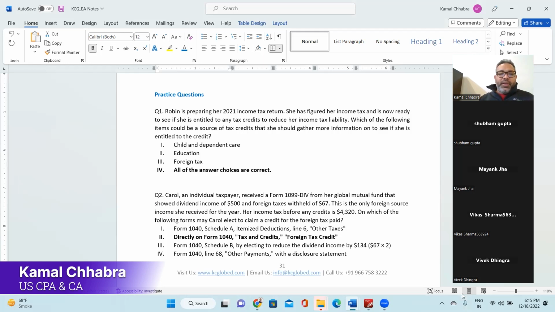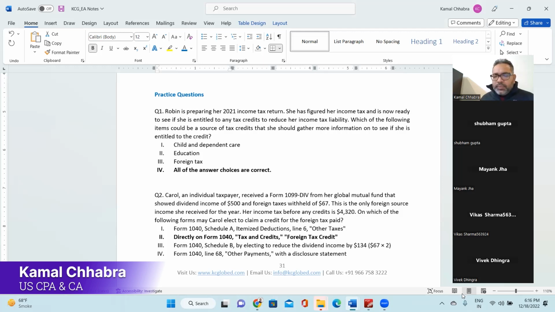Robin is preparing her 2021 income tax return. She has figured her income tax and is now ready to see if she is entitled to any tax credit to reduce her income tax liability. Which of the following items could be the source of a tax credit that she should gather from the information to see if she is entitled to any tax credit?